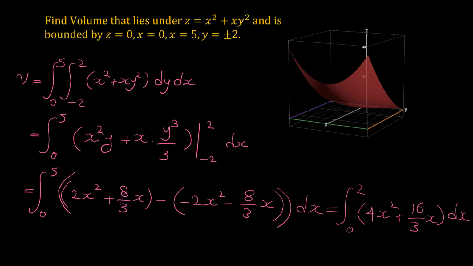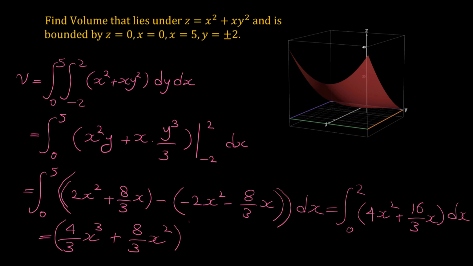The integral of 4x squared is 4/3 x cubed based on the power rule, and the integral of 16 over 3 x is 16 over 3 times x squared over 2. The 2 with 16 cancels, this becomes 8, so the integral is 8 over 3 x squared.